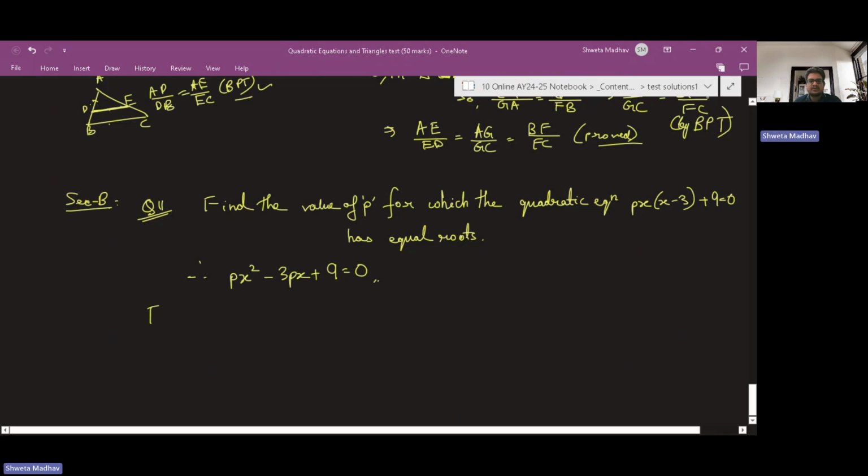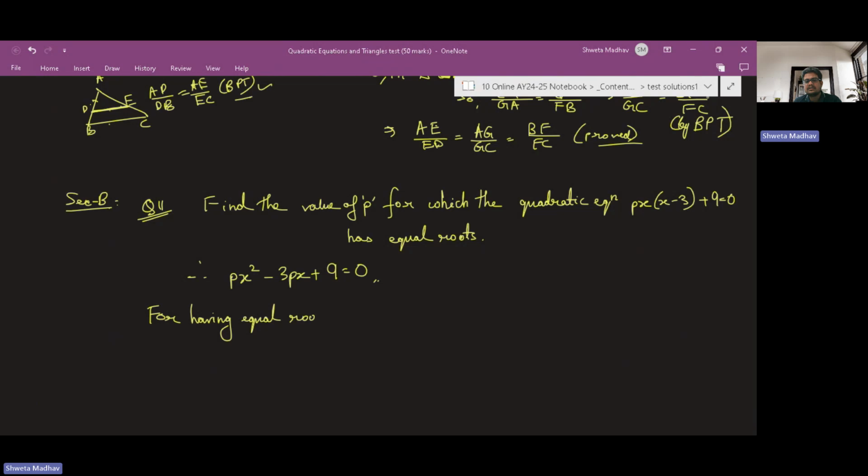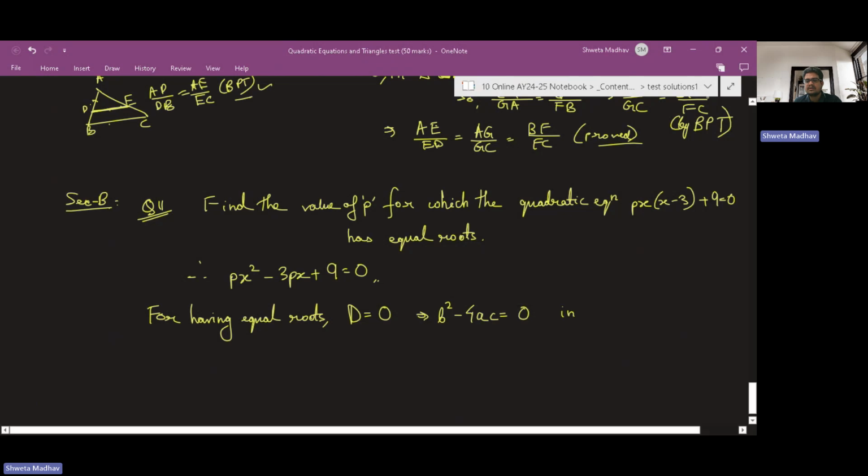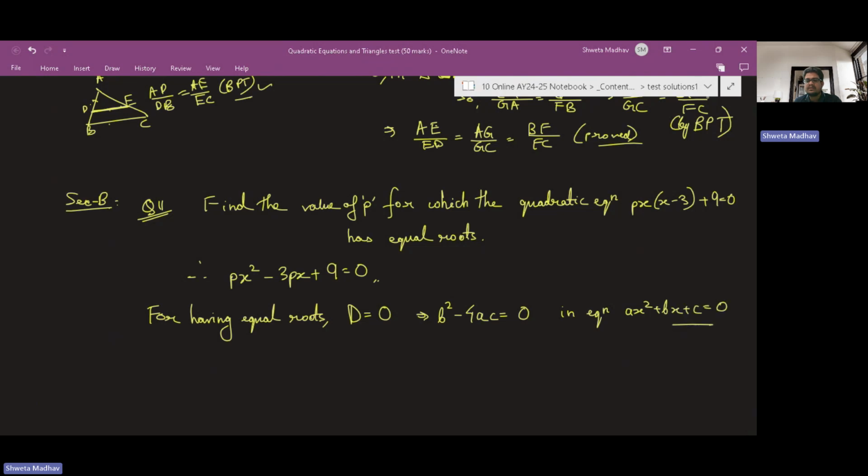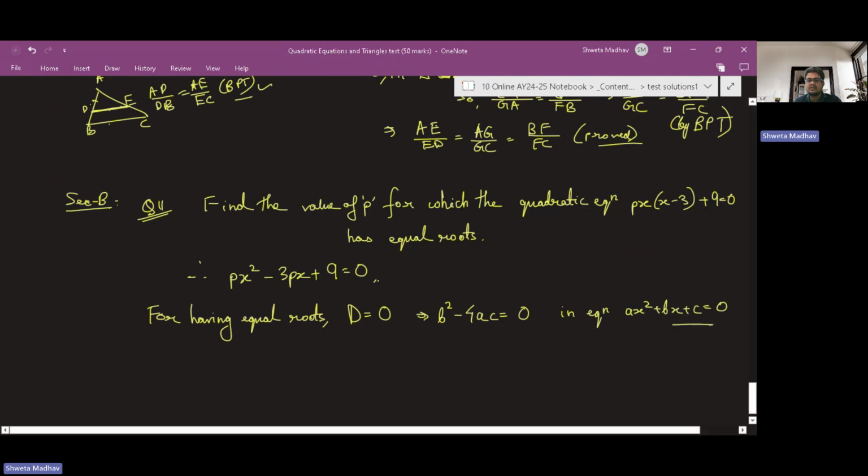So we know that for having equal roots, the discriminant should be equal to 0, which means b square minus 4ac should be equal to 0. In the quadratic equation ax square plus bx plus c equal to 0, here b square minus 4ac should be equal to 0, then only we can have equal roots.